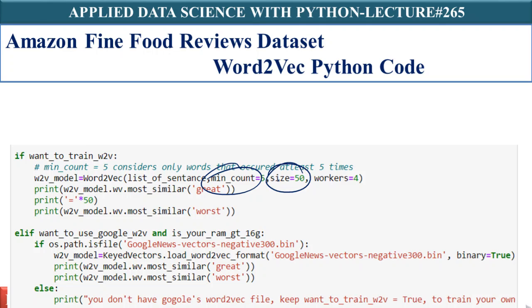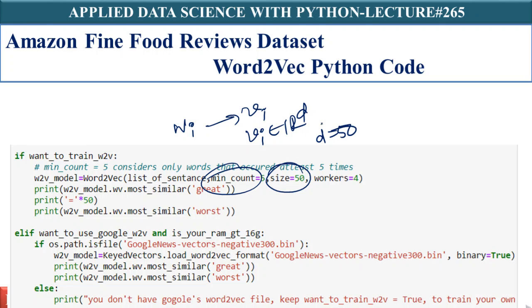Given a word wi, we are converting it to a vector vi. What is the dimension of vi? vi belongs to Rd. What is d? It is a d-dimensional vector. Here I am saying d is equal to 50.